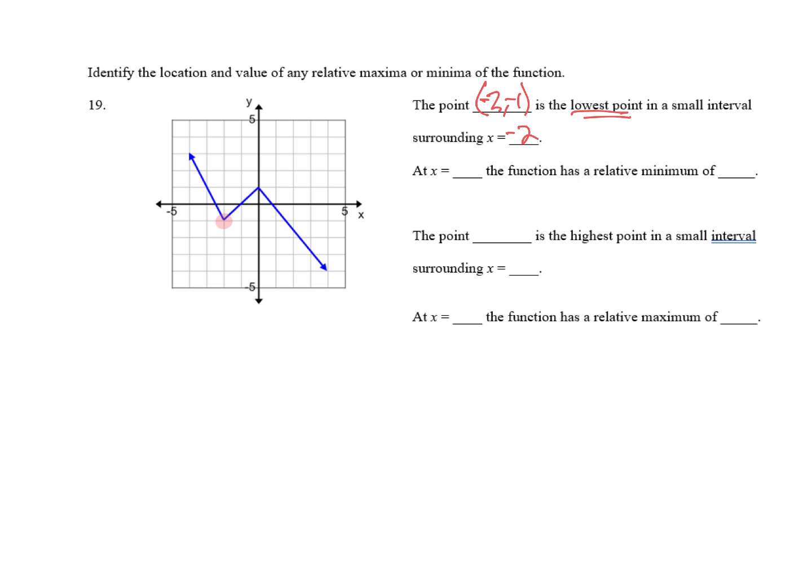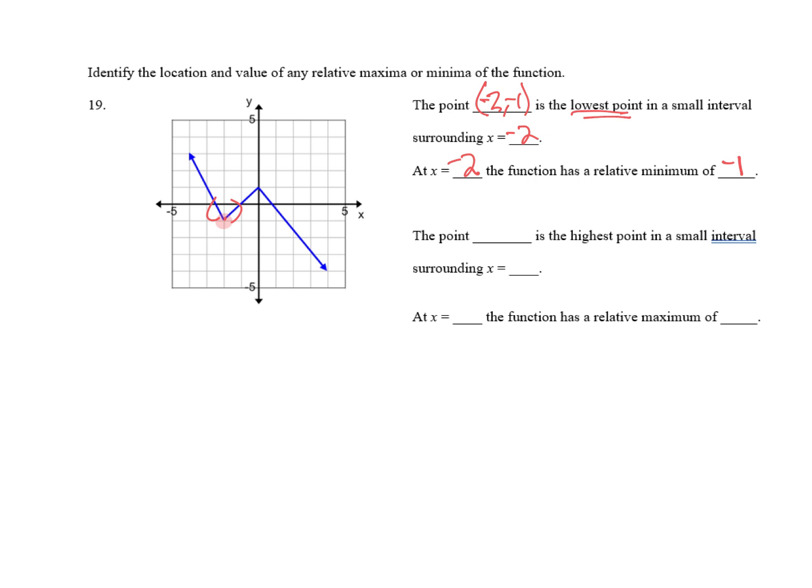Now how do we describe that? That means that at x equals -2, the function has a relative minimum value of -1.